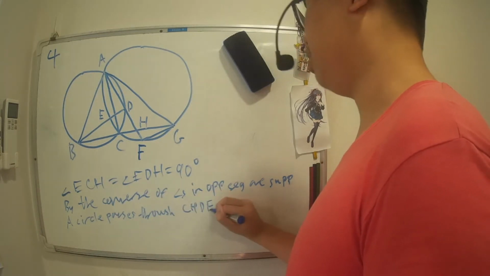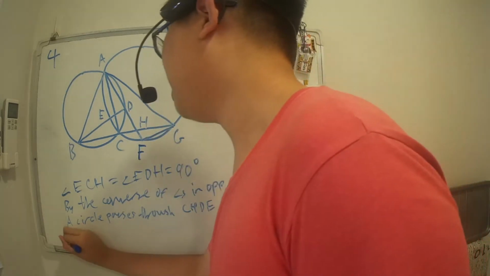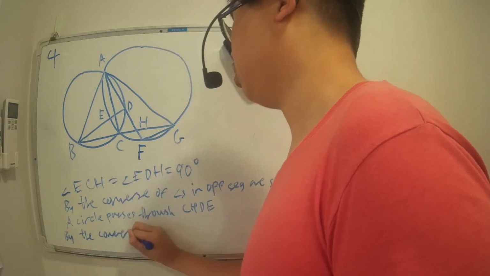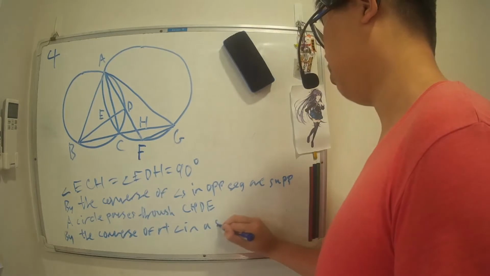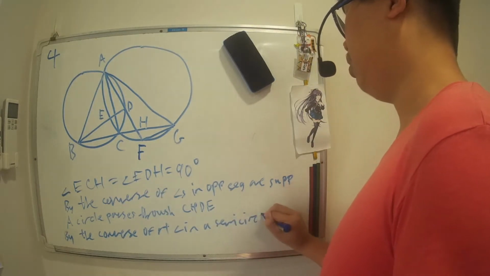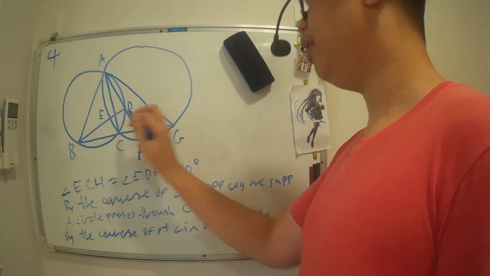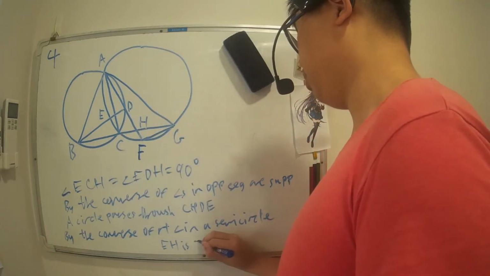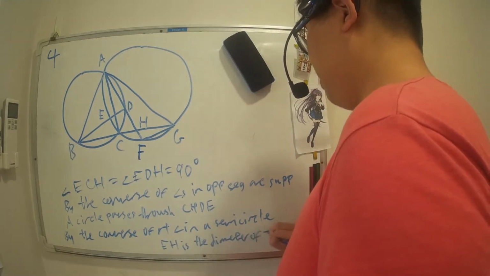I'll just start from C and go this way, okay? So, and then by the converse of right angle in a semicircle, because if I draw the circle here, you'll see that there's actually a right angle here, then EH is the diameter. Okay?